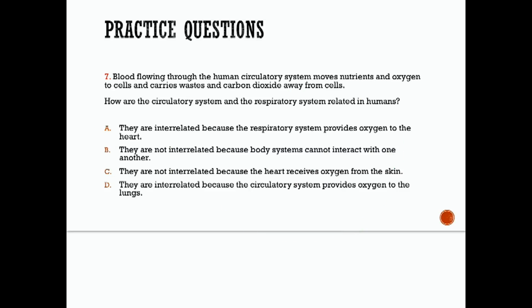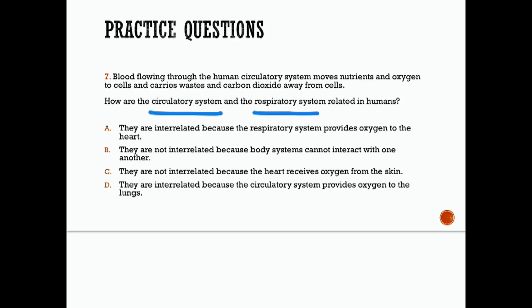Last question, number 7. Blood flowing through the human circulatory system moves nutrients and oxygen to cells and carries wastes and carbon dioxide away from cells. How are the circulatory system and the respiratory system related in humans? So pause this, read it over, and see what you think.